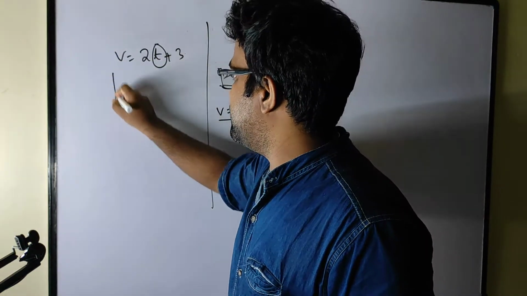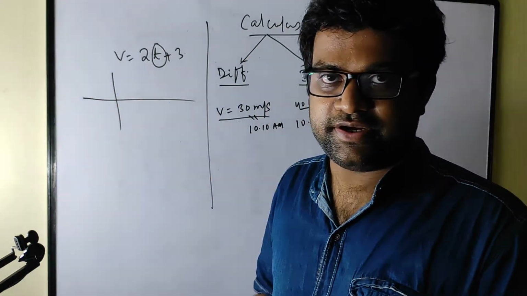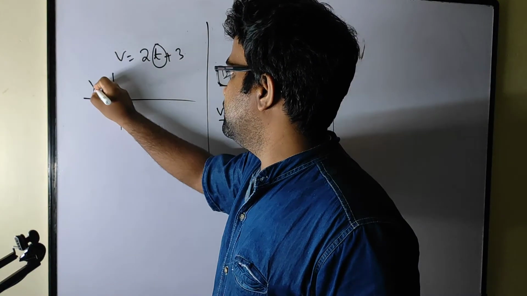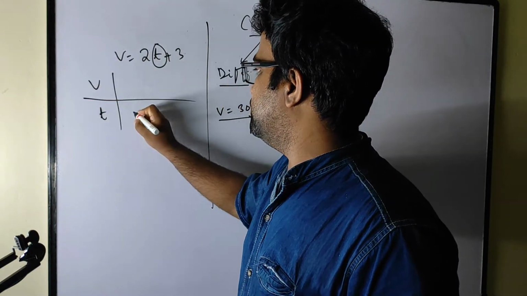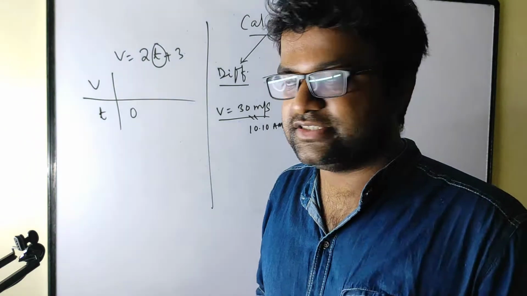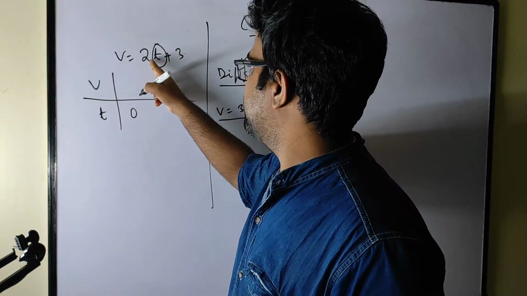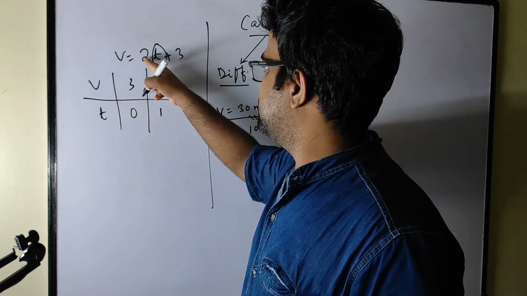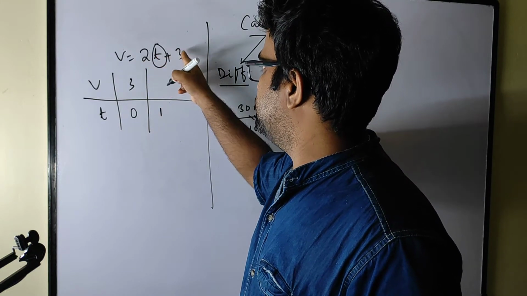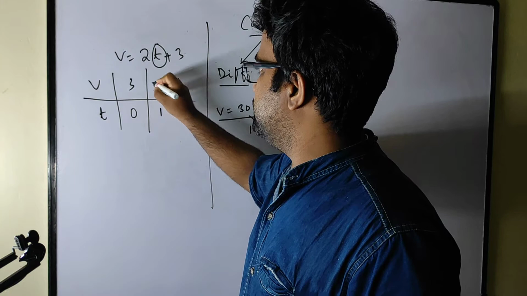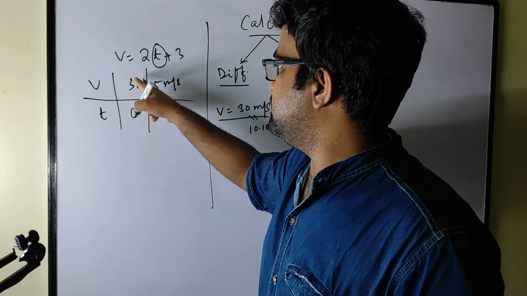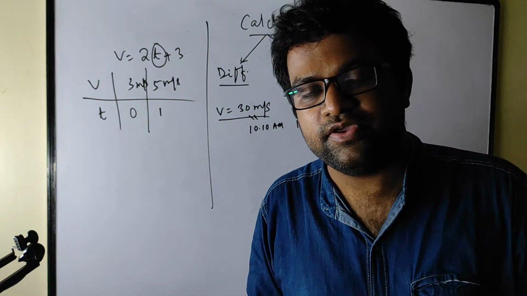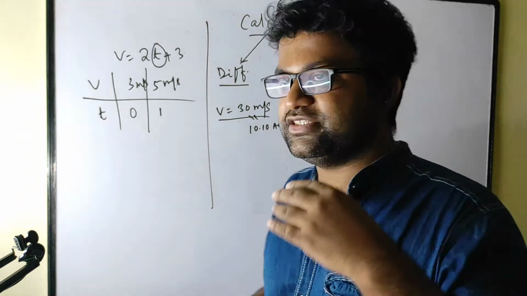For different times, if you make a table, with v and t, for time t equal to 0, let's say the initial time, your velocity will be 3 meter per second. For t equal to 1, 2 into 1, 2 plus 3, so 5 meter per second. So you can see that for different times, your velocity is different.